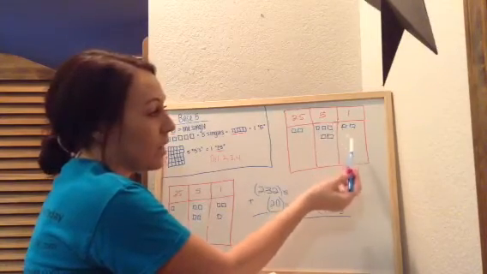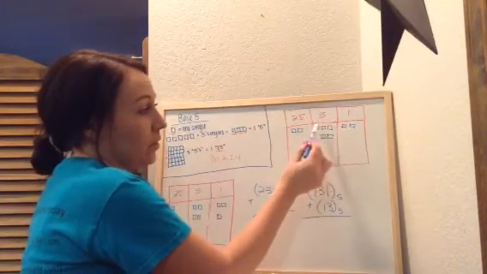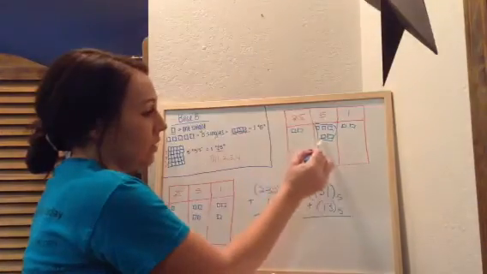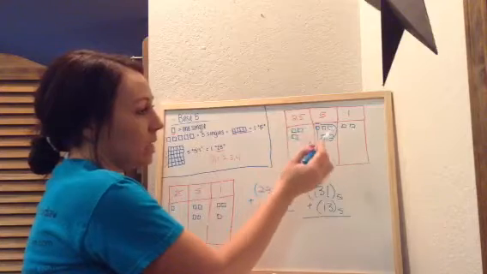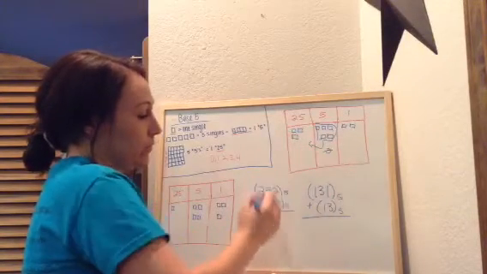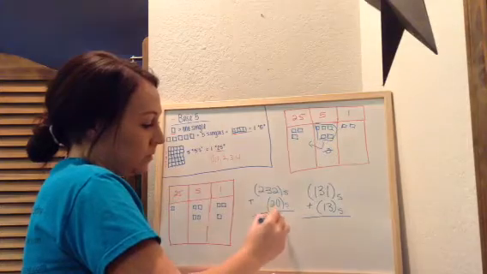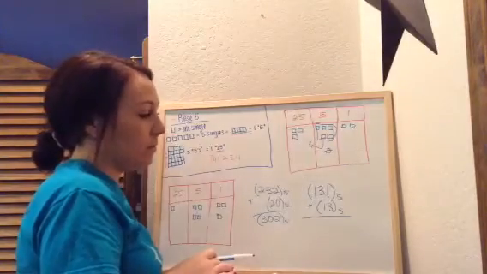We don't have the fifth base to move up into the next column. Here I have 5. So these make one group, which is a flat, so I can move it over. So now I have 3, 0, and 2. And that would be our answer for that.